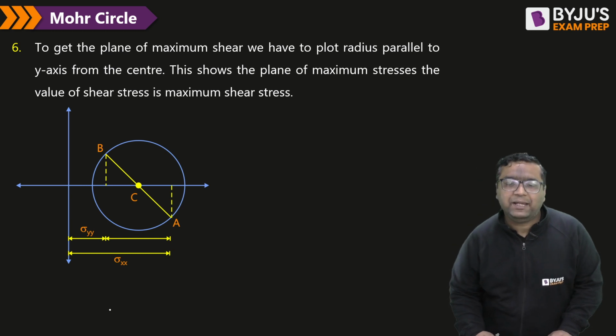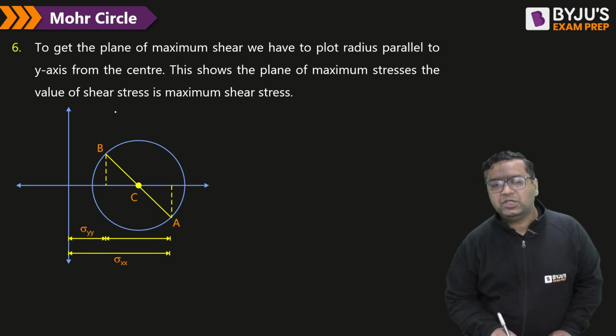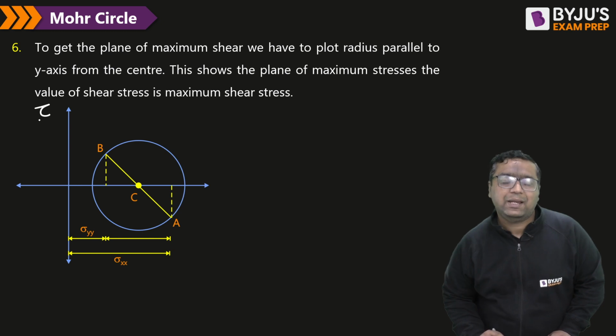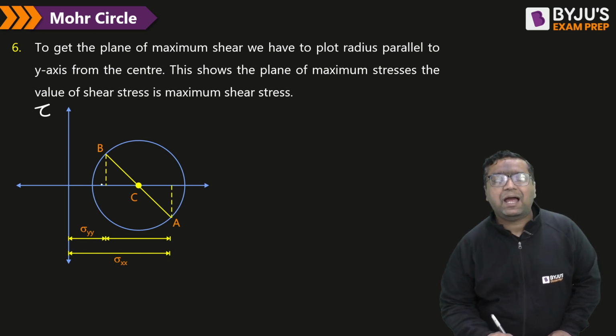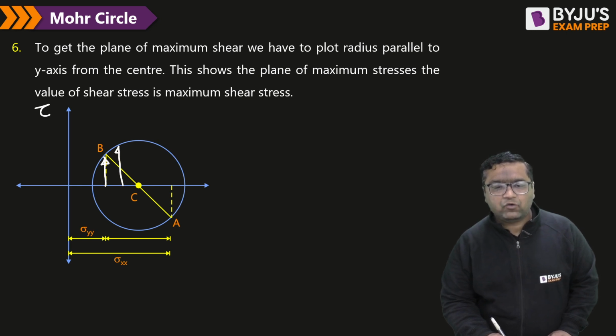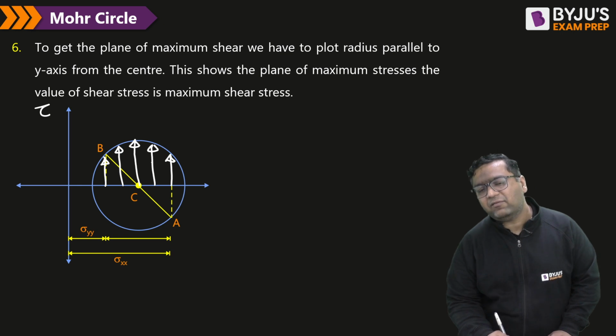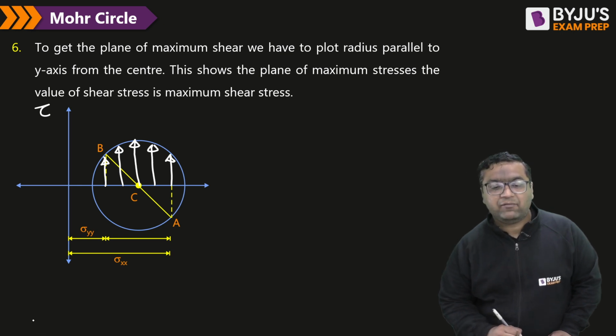Moving to the plane of maximum shear. You know, shear is represented on the y-axis. So my dear, if you want the plane of maximum shear, if I make vertical lines from the x-axis up to the Mohr circle I am plotting, everybody can understand that the line I plot from the center, that is nothing but the radius, will give the maximum value of shear.